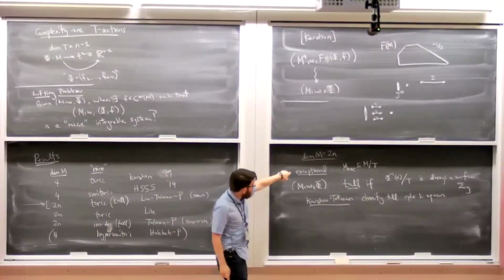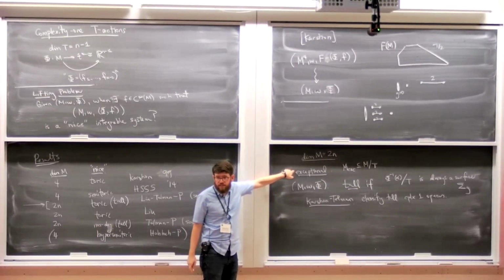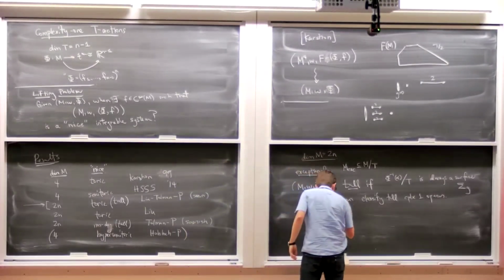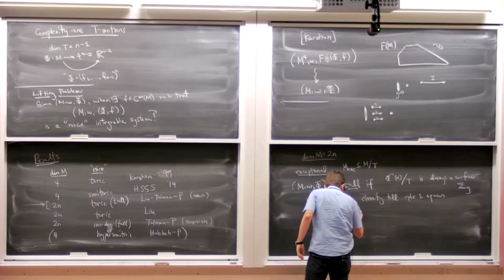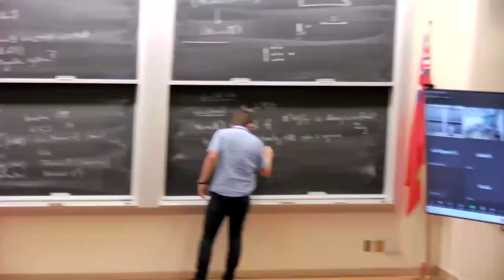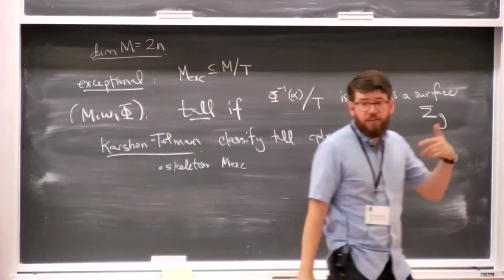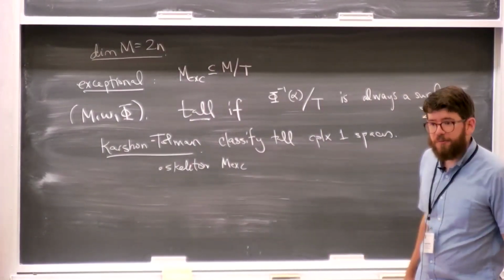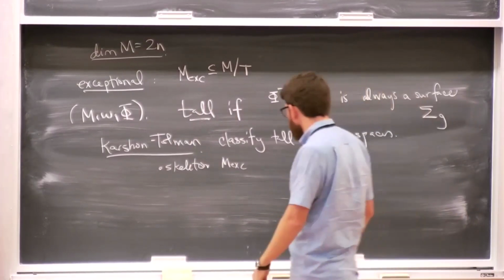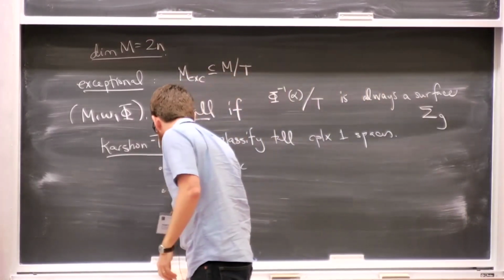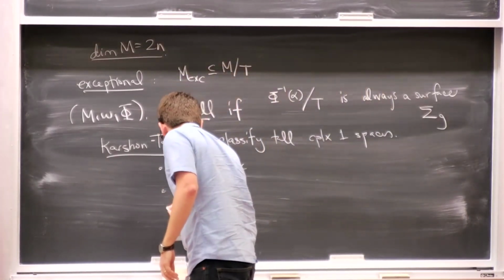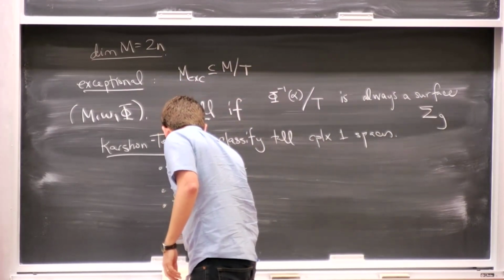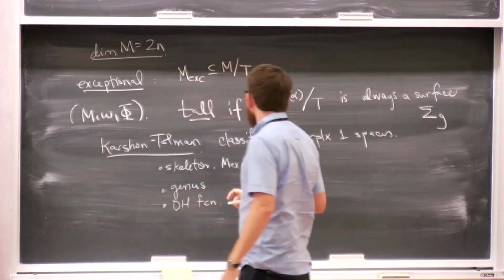So one of them is what's called the skeleton. That's the set of exceptional points, and labeled with isotropy data as well. If you know what that means, then you'll be happy. If you don't know what it means, then I don't know. We can talk in 6 minutes when my talk is over. The genus. There's also the Duistermaat-Heckman function of the action.